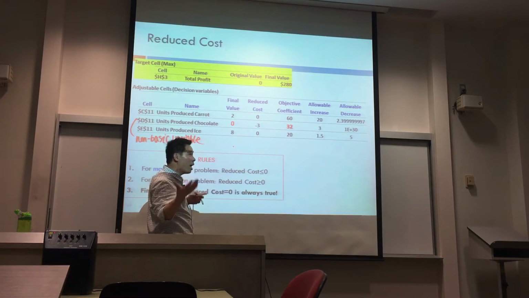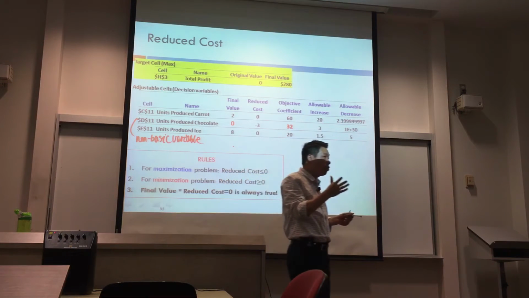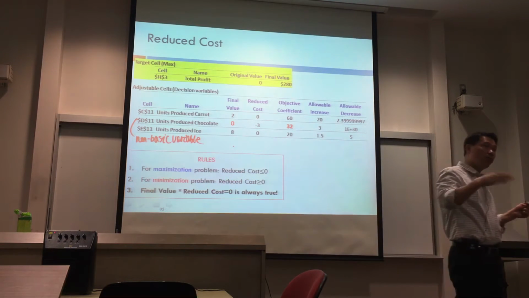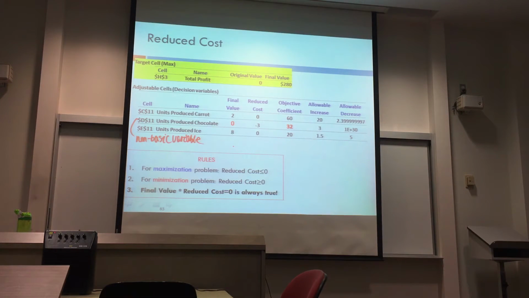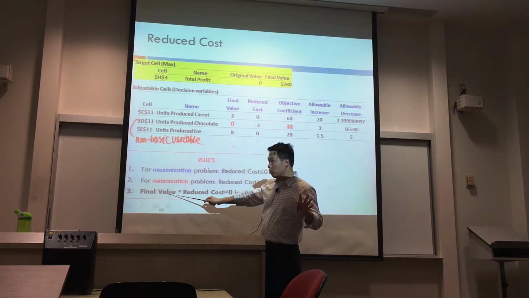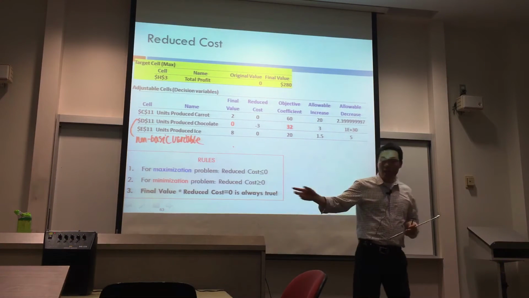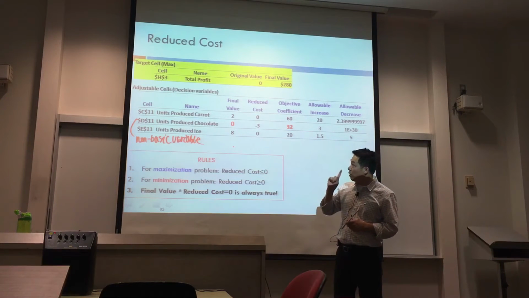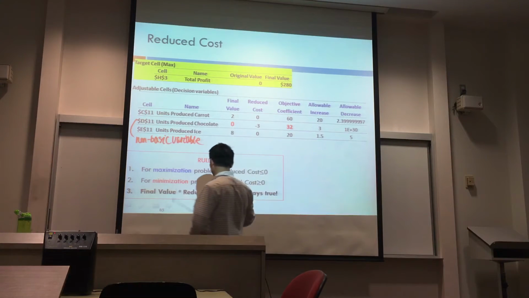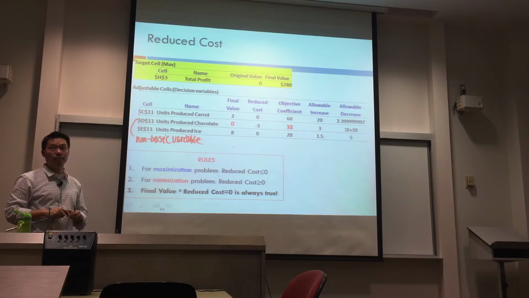In that case, you don't have to reduce the profit margin before that variable becomes basic, because it's already basic, right? So when the final value is not zero, the reduced cost must be zero. Now if the final value is zero, of course the product will be zero, right? So does it make sense?